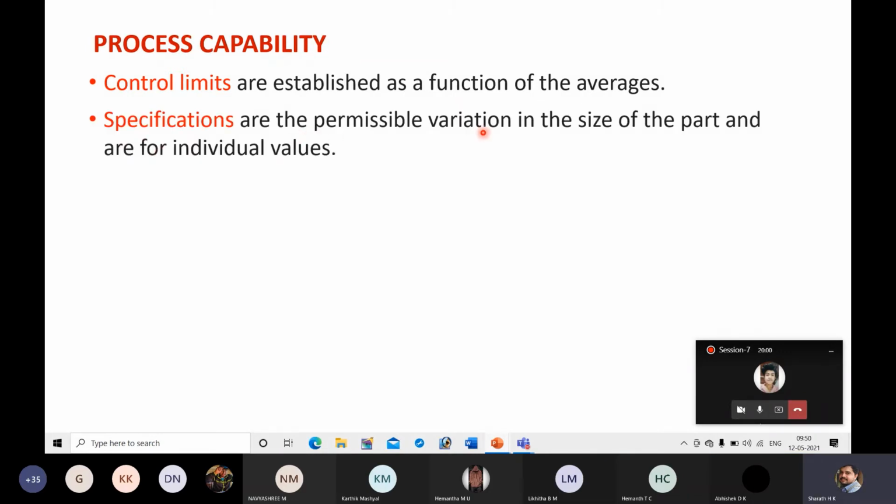Specifications are the permissible variation in the size of the part and are for individual values. Specifications are for individual components or parts which are manufactured. Control limits are for the overall lot or overall batch, or for design.